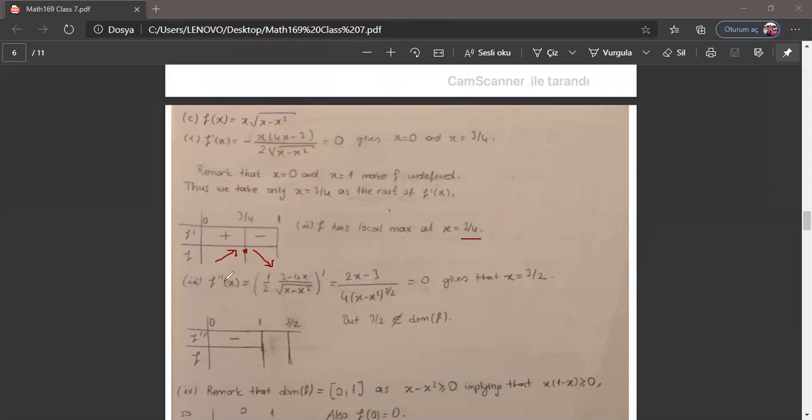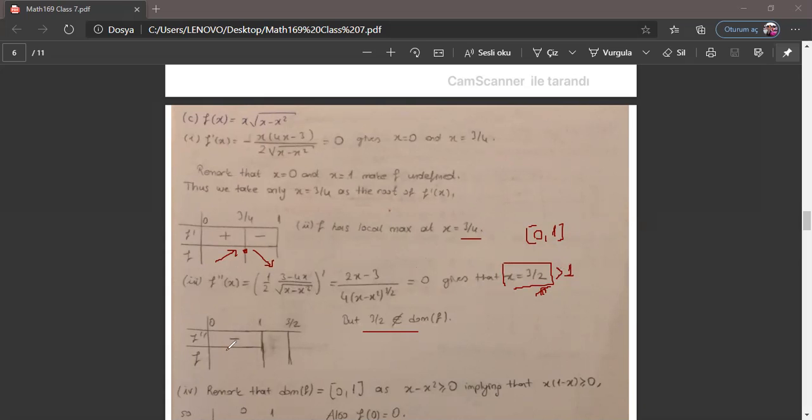And for f double prime, we take the second derivative and equalize it to 0 and get this point as the root of f double prime. But you see it is greater than 1, but the domain is 0, 1, this closed interval. So this is not in the domain, as we noted here, so we don't care about it.